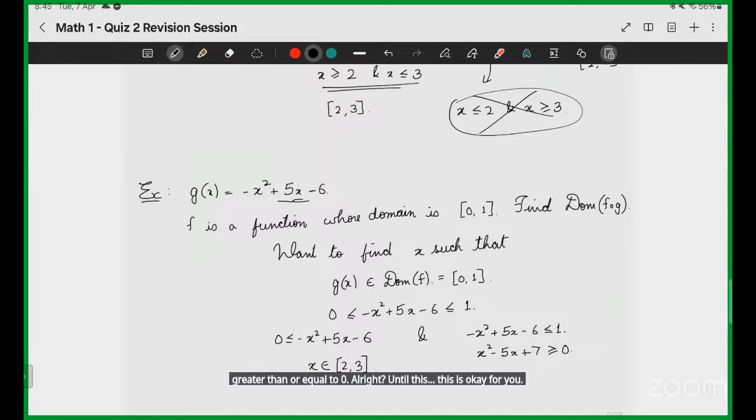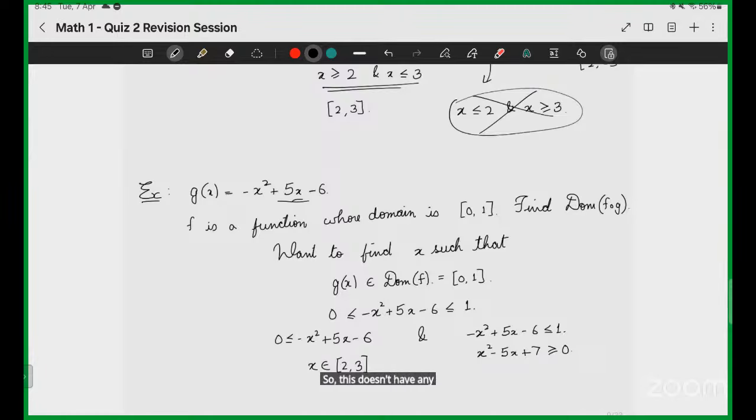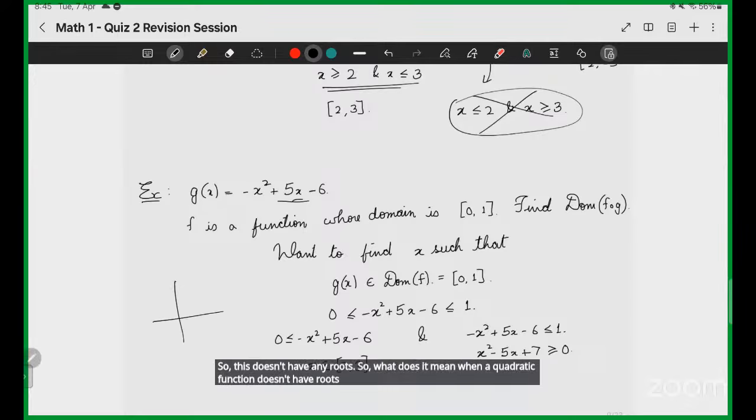Now, if you look at the roots of this equation, you will see that it doesn't have any real roots. B squared minus 4ac will be 25 minus 28, which is minus 3. So what does it mean when a quadratic function doesn't have roots? It's either entirely positive or entirely negative.